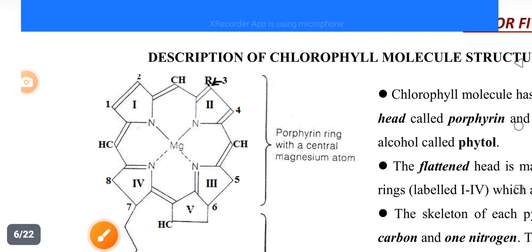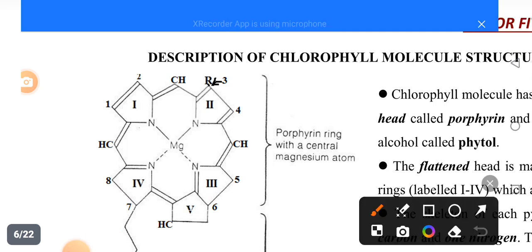Actually I'm going to show you. So the porphyrin rings are these ones, as you can see there. Those ones, they are 1, 2, 3, 4.